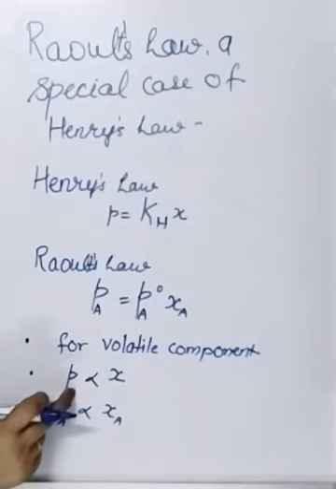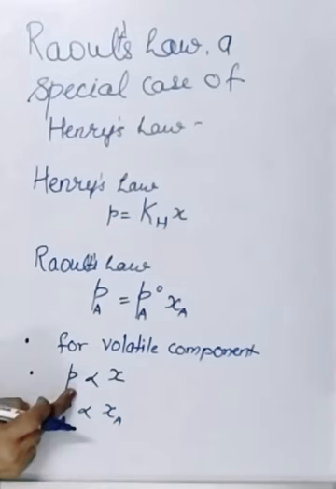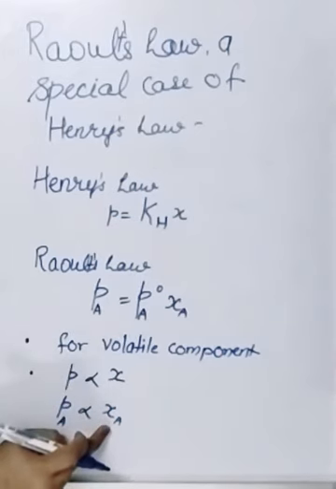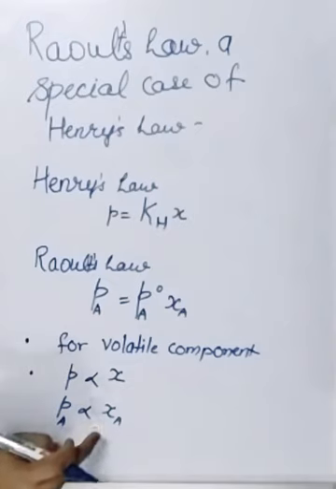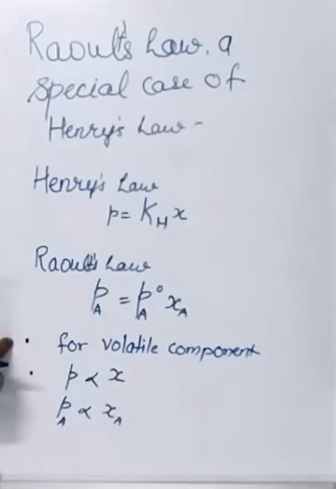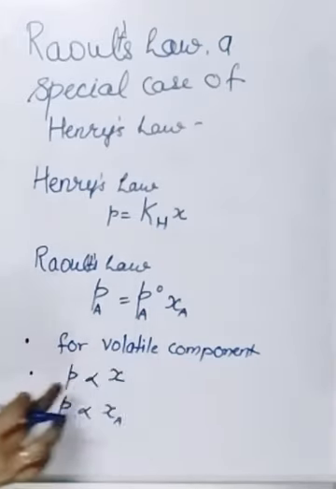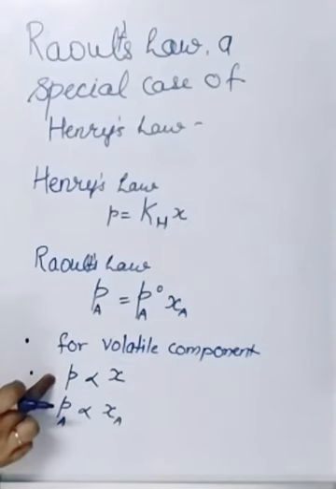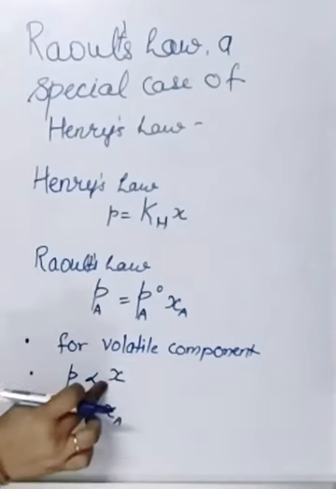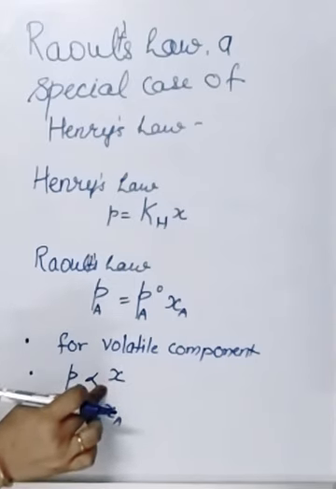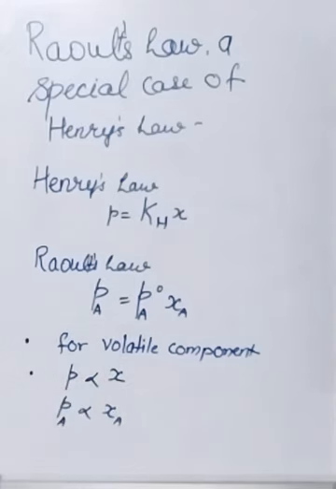That means the pressure due to the volatile component is directly proportional to its mole fraction. So what are the two similarities? Both work for the volatile component and both agree that the vapor pressure of a volatile component is directly proportional to its mole fraction. Now what is the difference between them?